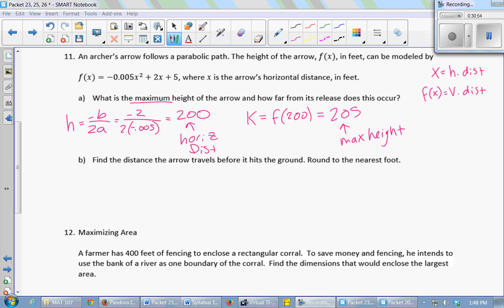Okay, and then part B is find the distance the arrow travels before it hits the ground, right? So when it hits the ground, what is its vertical distance above the ground? 0. Yeah. And f of x represents vertical distance, so I'm just going to replace my f of x with a 0.